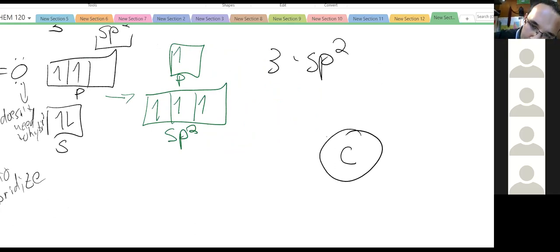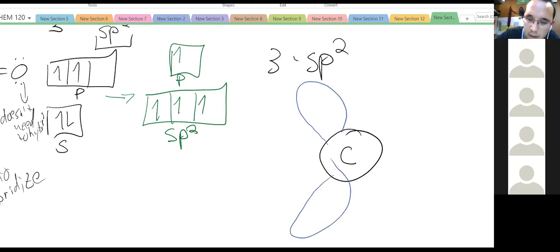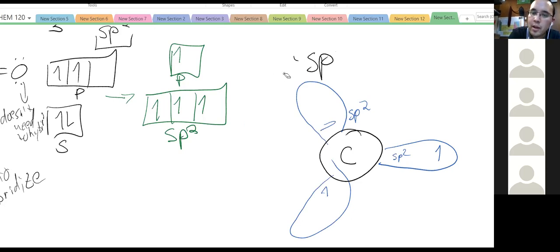It's going to connect into a triangle this way, and these each have 1 electron inside their sp2. It's got a third one coming this way, and it has 1 electron there as well. So I'm going to start to overlap the other atoms onto this.